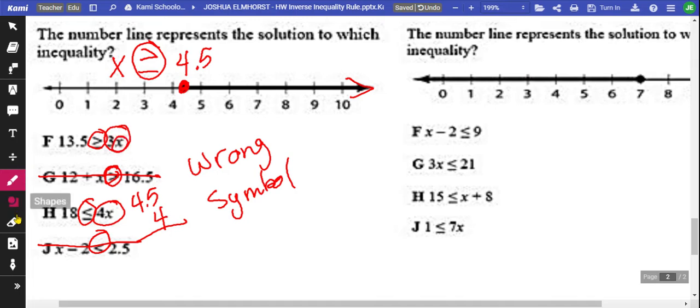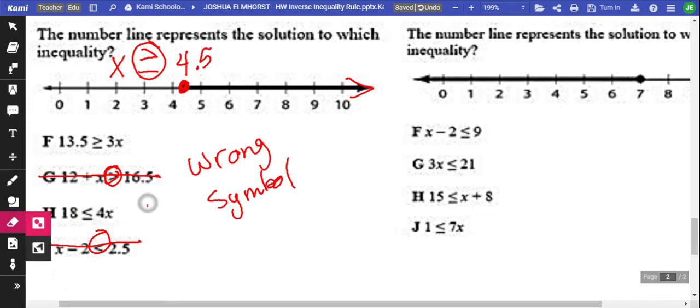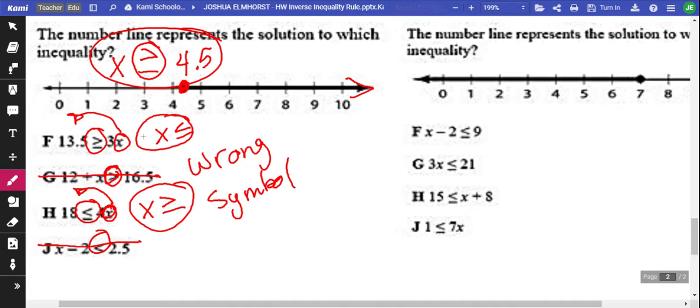Well, hold on. This is x. We don't even need to do that. So here's our variable, and then here's the symbol, and then here's our variable, and then here's the symbol. So these variables are backwards from how we write it up above. So if we flip it around, x is less than, and then right here for h, x is greater than. So we got to flip this to the other side and then flip that to the other side. So x is less than, x is greater than. So this one is backwards.